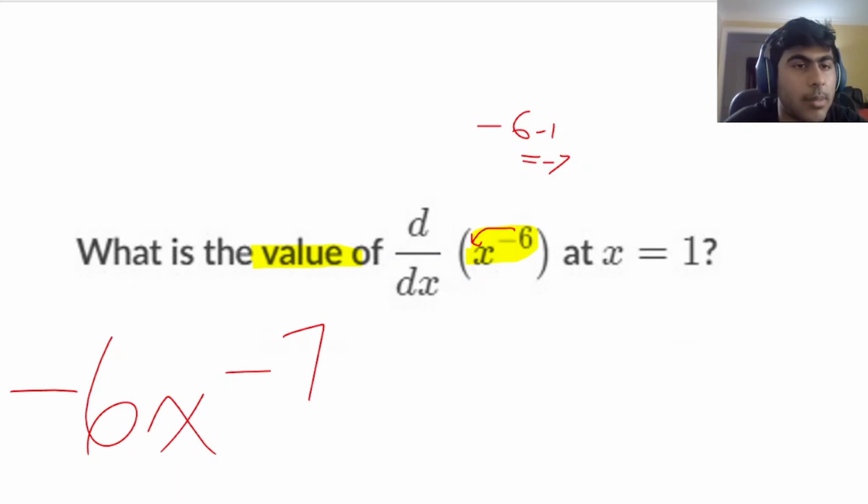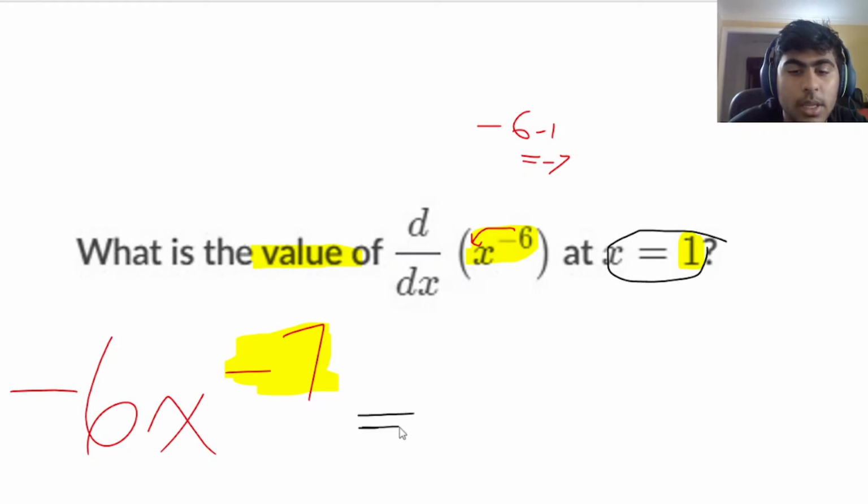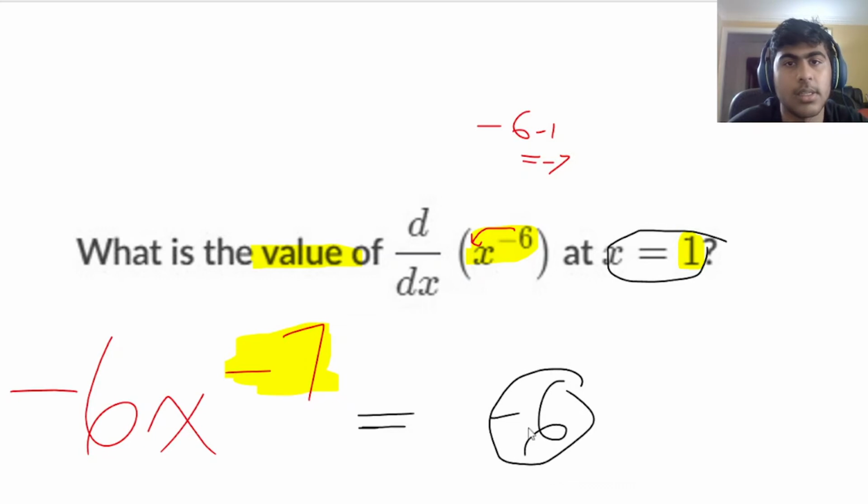Though in this case, it doesn't really matter because we're just dealing with ones. But it's just a general precaution. It's better to be right. So you just put the negative 7 instead of the negative 5. And this is the derivative, and we're asked for when x equals 1. So we plug in 1 in here, and we get 1 to the negative 7 is just 1. 1 to anything is 1. Negative 6 times 1 is going to be negative 6, and that question is done.